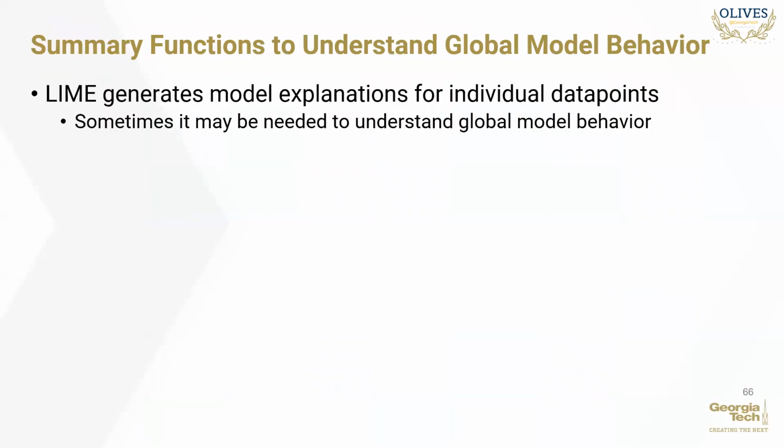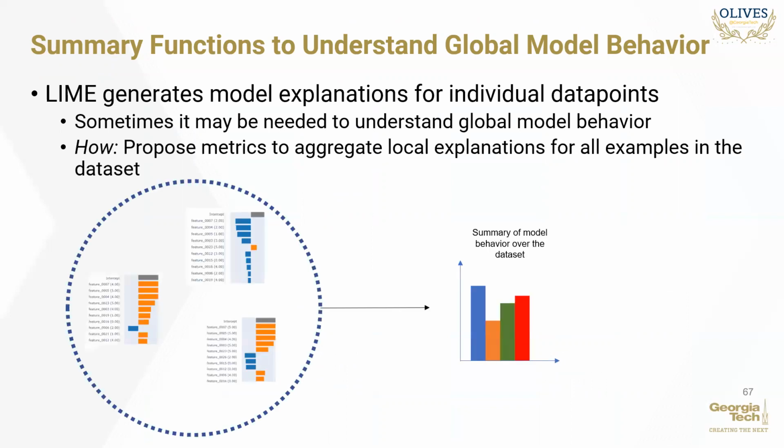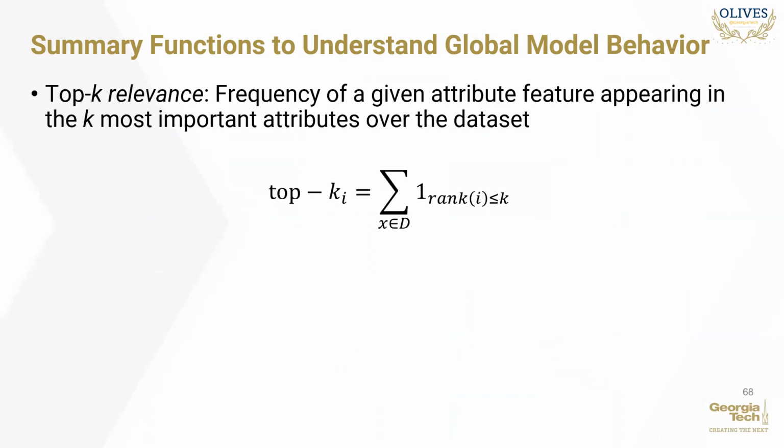We derive different functions to summarize these local explanations into one global model behavior. One of these metrics that we use is called the top K relevance score, that basically measures how frequently a given feature shows up in the LIME explanations for the top K rankings.